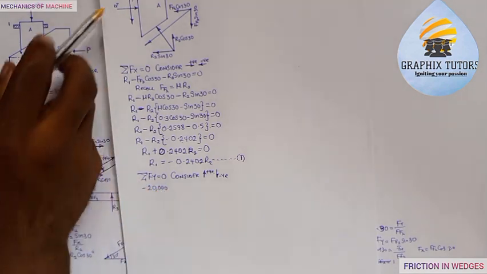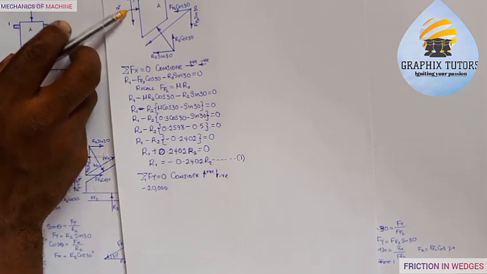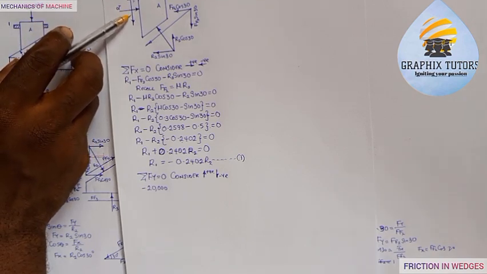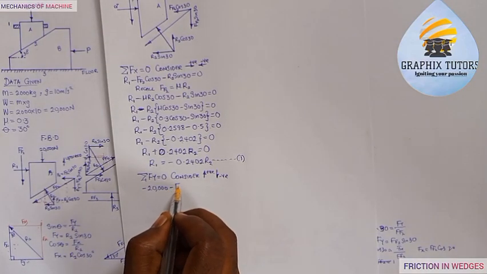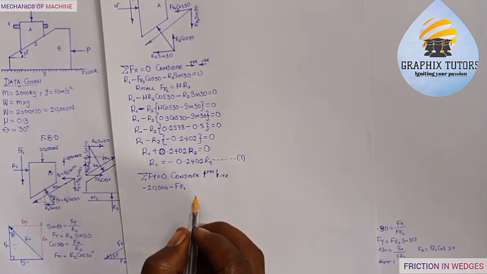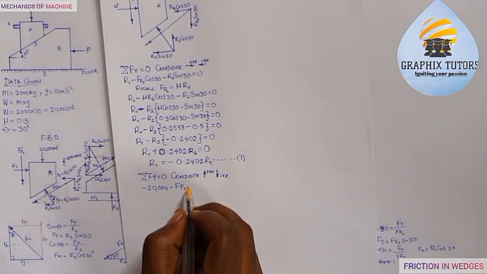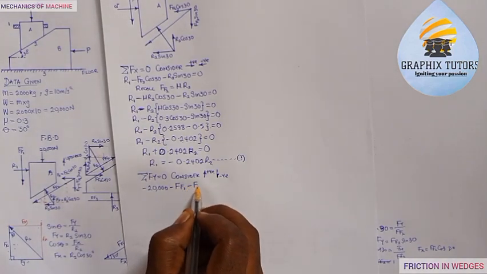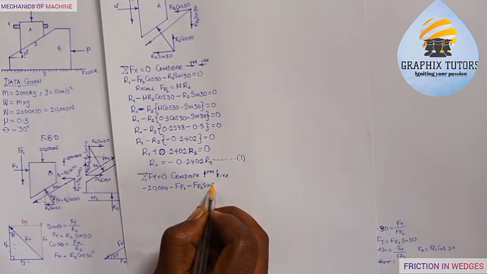Now FF1 is facing down, so it will be minus FF1, frictional force 1. The next thing is, this is also facing downward, so we have minus FF2 sine 30.